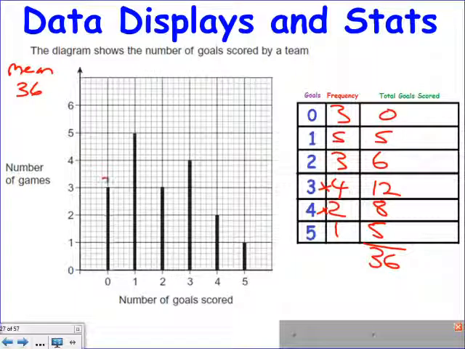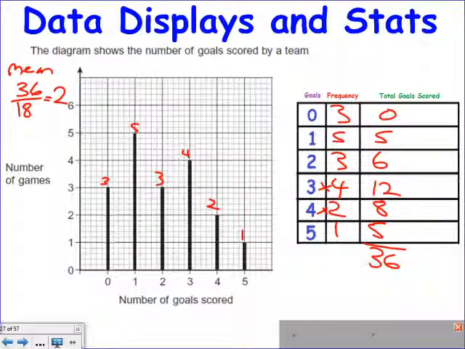Well, I played 3 games here, 5 games there, 3 games there, 4 games there, 2 games there, 1 game. So 3, 8, 11, 15, 17, 18, I played in 18 games. So I scored 36 goals in 18 games, so the mean number of goals per game is 2. Can you see what I did there?